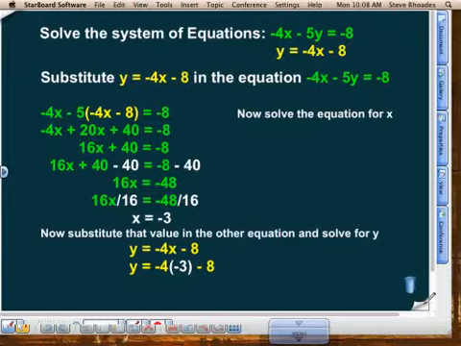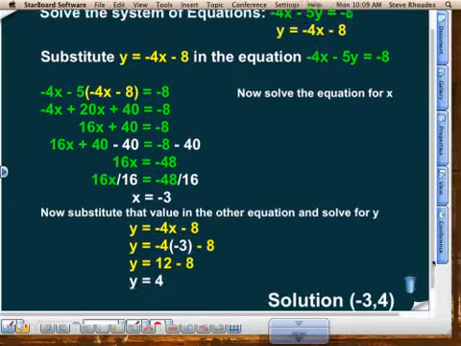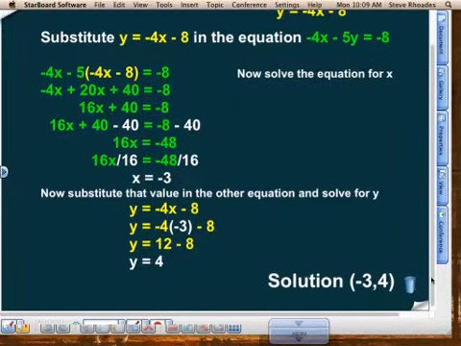I heard somebody say the answer is 20. Be careful. Negative 3 times negative 4 is positive 12. 12 minus 8 is 4. So your answer is the point negative 3, positive 4.